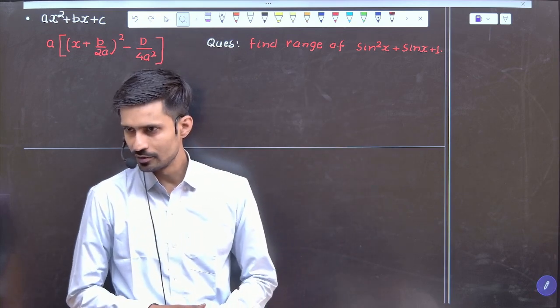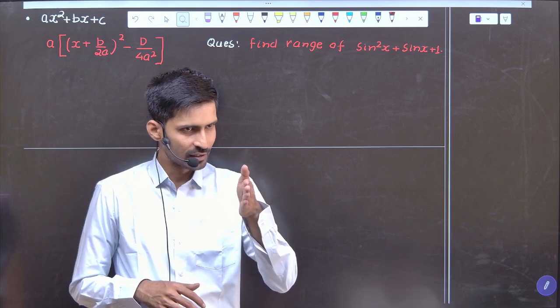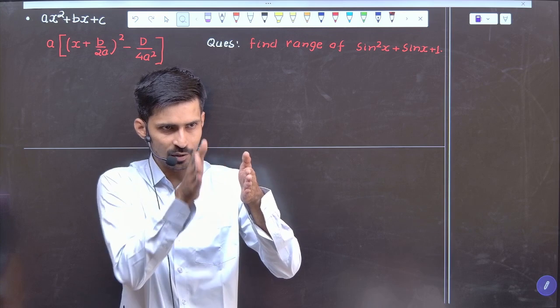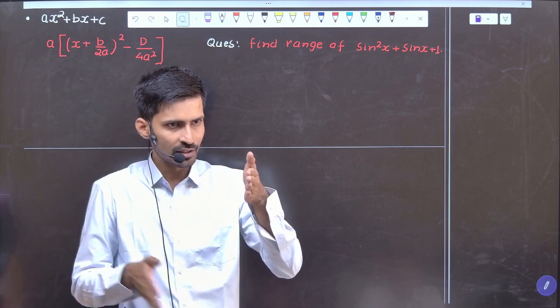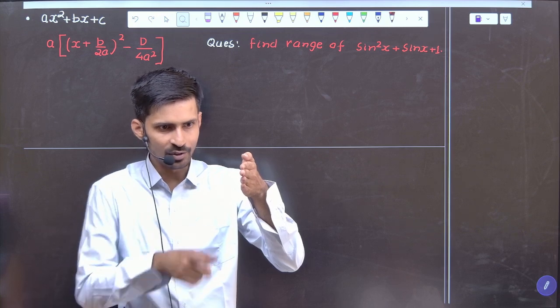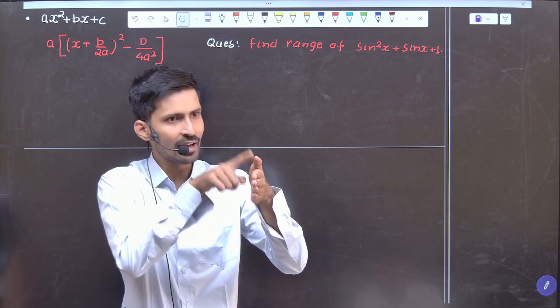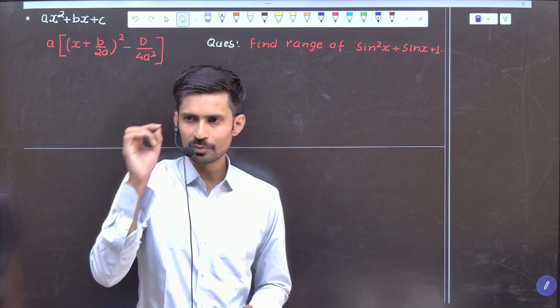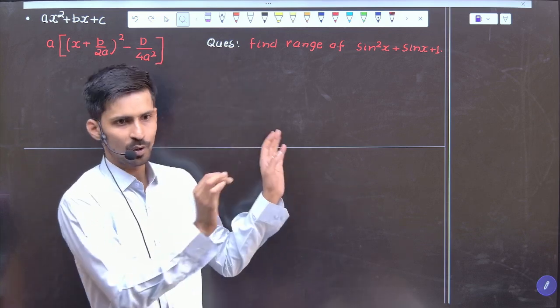Yes or no? It means if I am asking you to find range, see this is our class and this was our previous class. I am asking you to find range of something. So this topic must have been completed. That's why I am giving you the question. So first of all, make your mentality, yes, topic is completed.